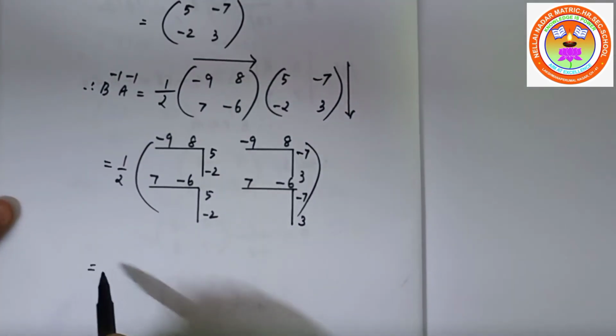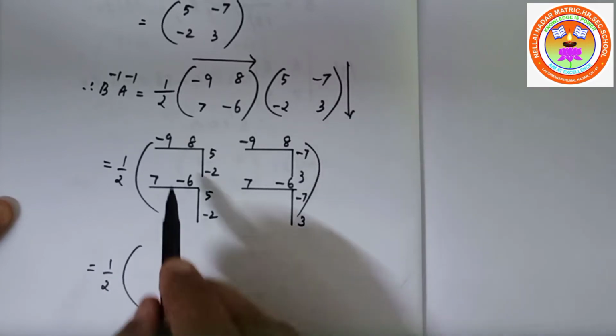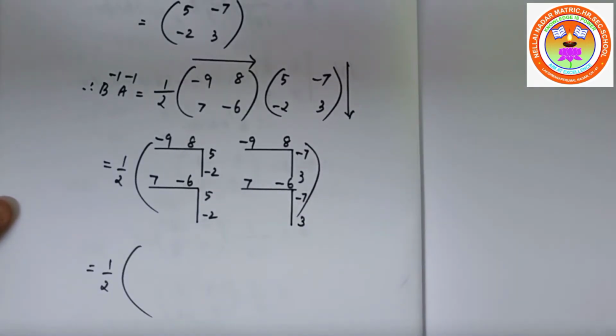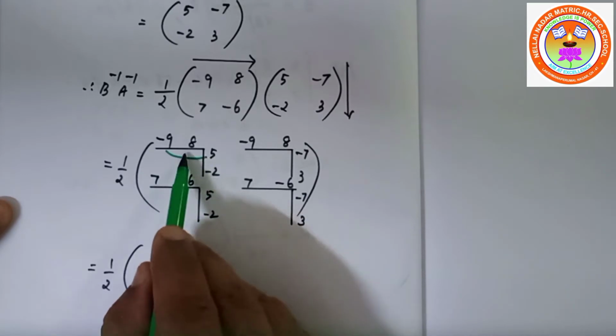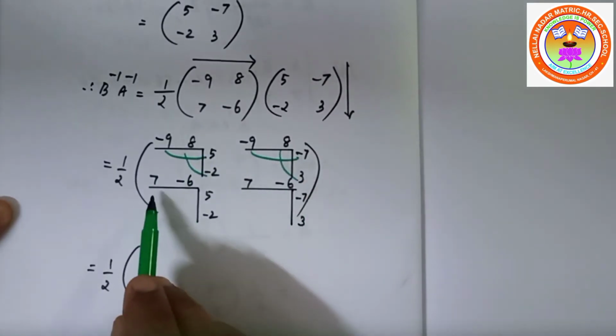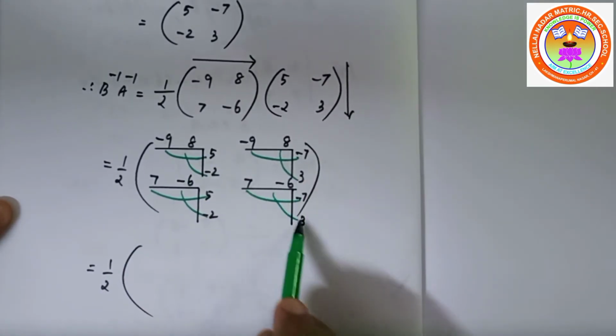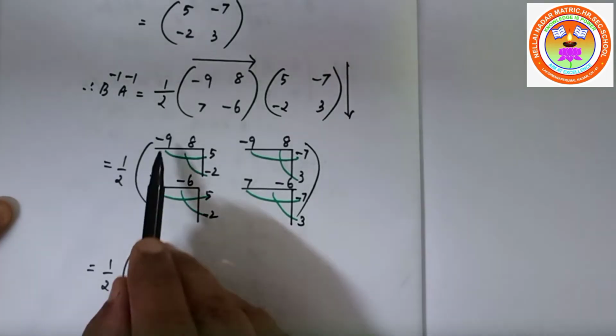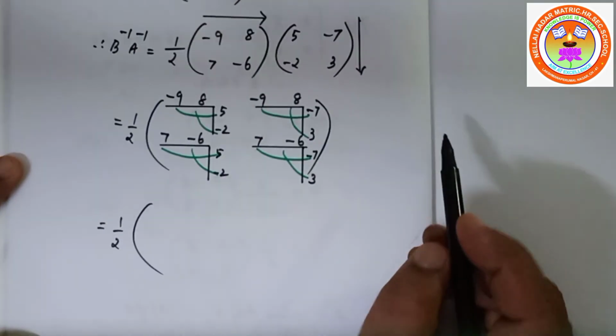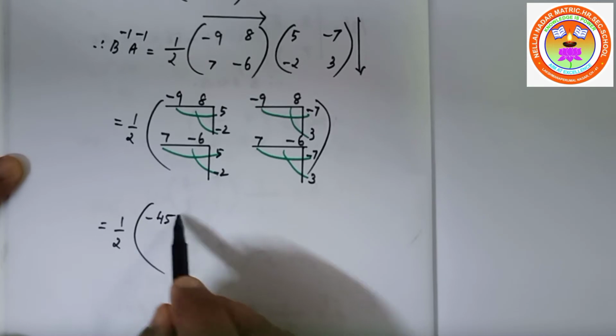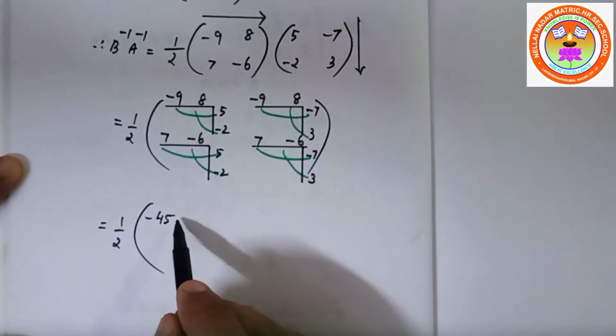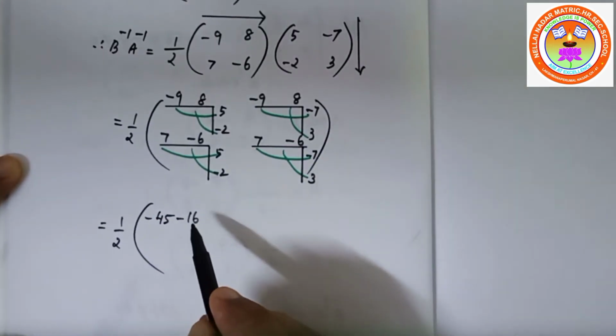That is equal to, write half as it is, into, you have to multiply in this order, you know very well: first with the first, second with the second. You have to multiply these two, minus 9 into 5, that is minus 45, and 8 into minus 2, that is minus 16.